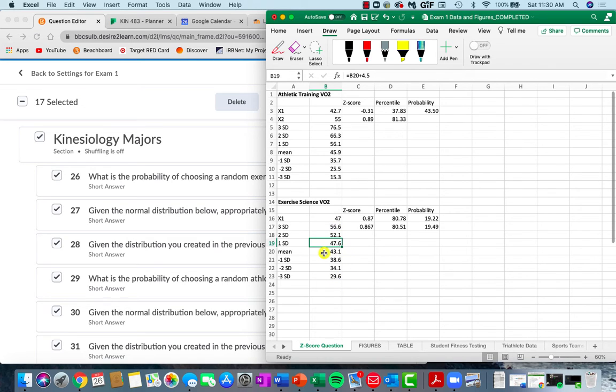You could have put 0 or x as the mean, and then gone 1, 2, 3, negative 1, 2, 3 if you're labeling by standard deviations. Or you could have found the actual values at each of these standard deviations, which would also be acceptable.